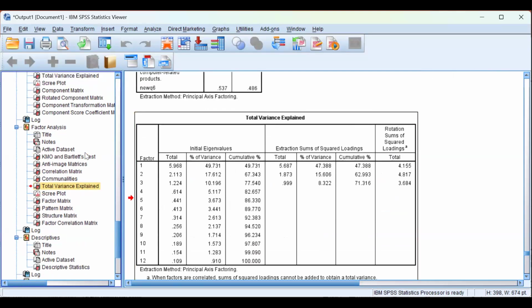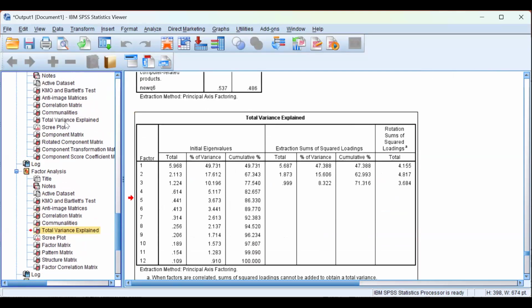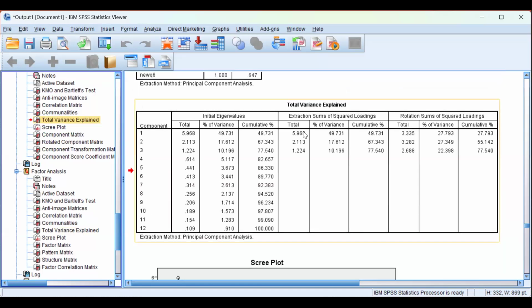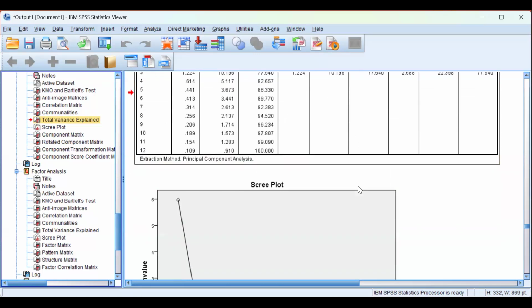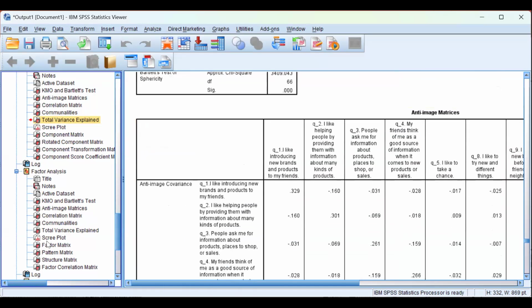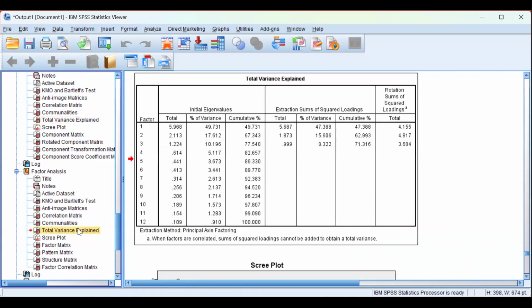But when we chose the method PCA, can you see here? Extraction sums of squared loadings, and then rotation sums of squared loadings. So one is the common variance, another is the unique variance. So we normally consider this cumulative common variance explained here. And in this case, we consider this variance. Right? So that is how it is.